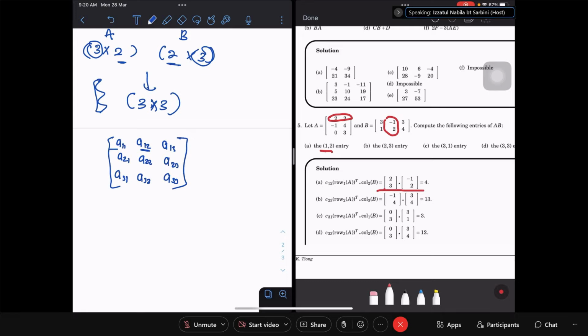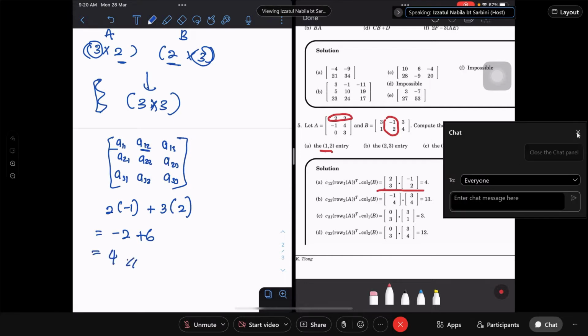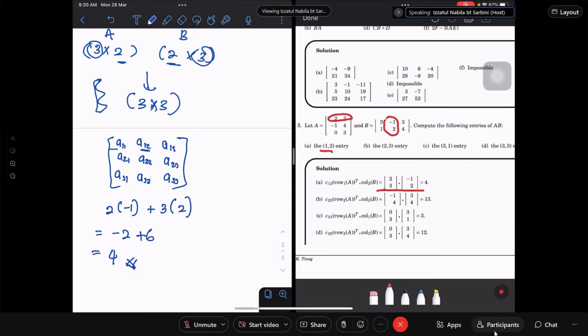So you kira, this is how you do it. I'll show you one. 2 times -1 plus 3 times 2. So you have -2 plus 6. So you have 4. Okay, that is for entry 1, 2.